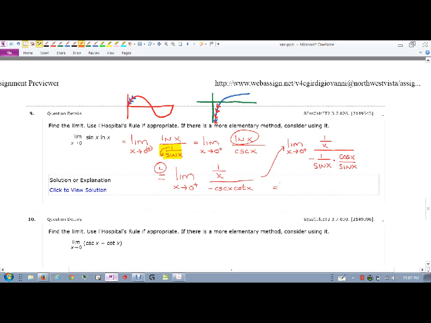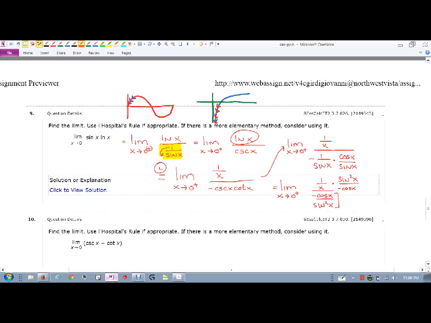So this is equal to the limit as x approaches 0 from the right of 1 over x over negative cosine x over sine squared x. I'm going to take this fraction here, flip it up to the top and make it sine squared x over negative cosine x.